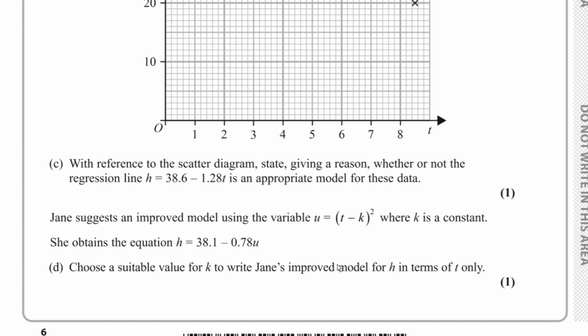Jane suggests an improved model using the variable u equals (t subtract k) squared, where k is a constant. She obtains the equation h equals 38.1 subtract 0.78u. Part D. Choose a suitable value for k to write Jane's improved model for h in terms of t only. Now, here we have u equals (t subtract k) all squared.